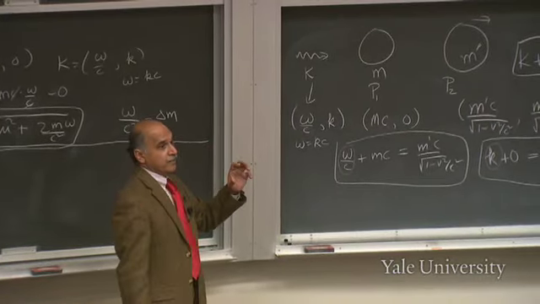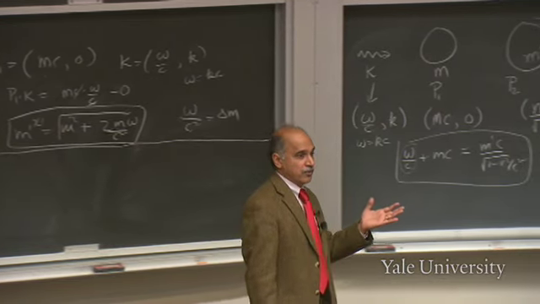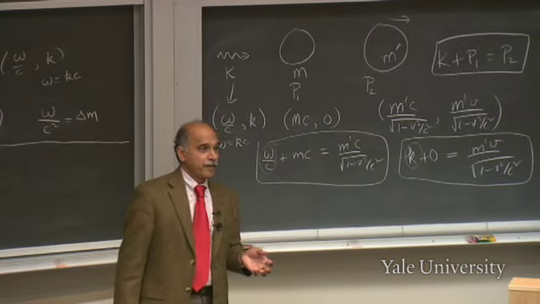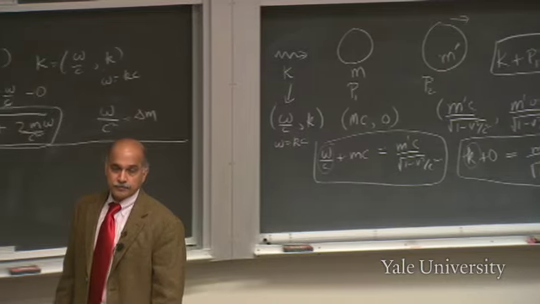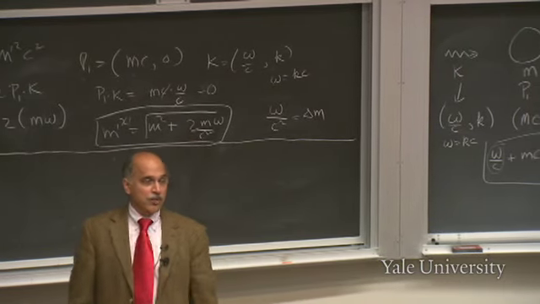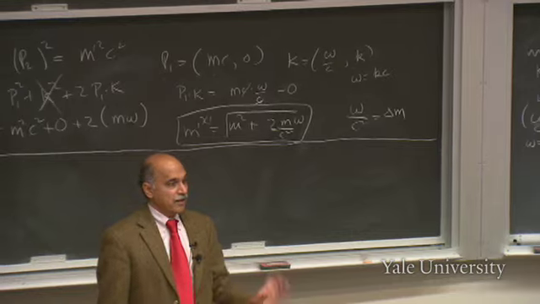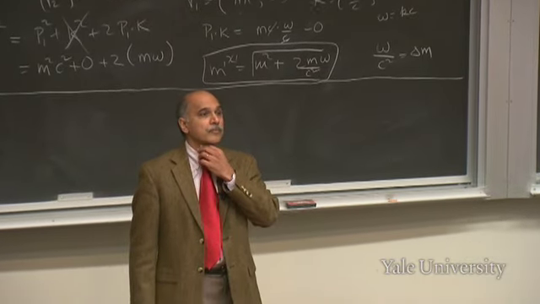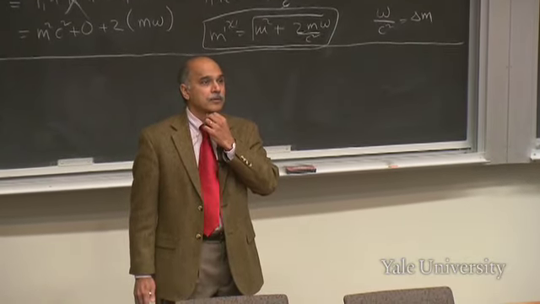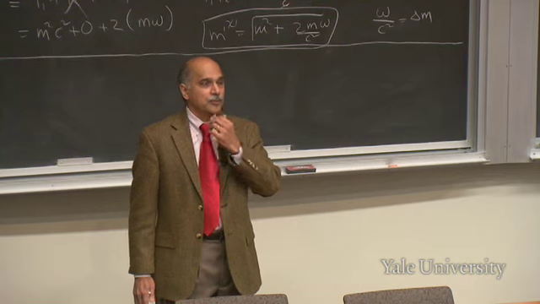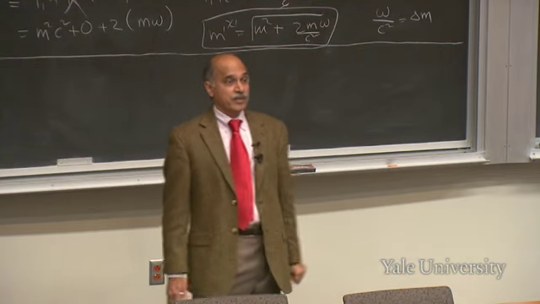Because for a particle of mass m, I showed you the relation E squared equals c squared p squared plus m squared c to the 4th. For a photon, there is no m. That means E equals pc. So the photon's energy and momentum have related magnitudes. Yes? How do you define p for a photon given that p is defined as mv? That's what I'm telling you. For a photon, it's not defined as mv.